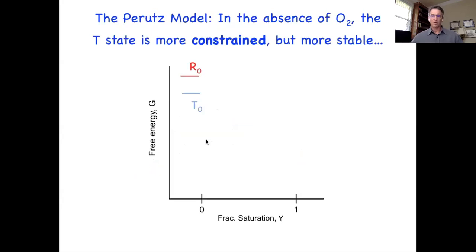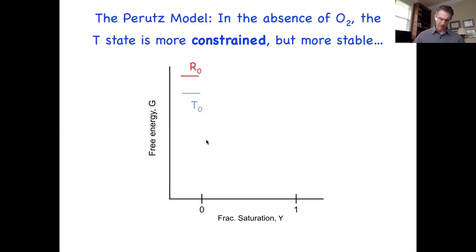Okay, so what's the big idea, right? The idea here, energetically, is that in the absence of the ligand, the T state is more stable than the R state, right? And as a result of something we're going to look at in a minute, when Max got a detailed look, the idea is that in the T state, the molecule is constrained. There are a set of structural interactions within the heterodimer that keep the affinity low, right? And that set of constraints can be thought of as an internal structural strain, right?